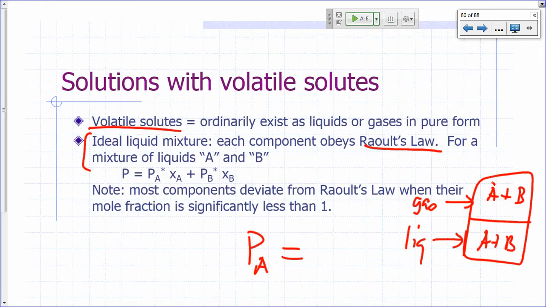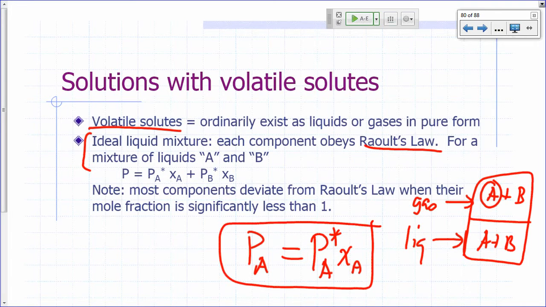So the partial pressure of A in the gas would be equal to its partial pressure if it were pure multiplied by its mole fraction in the liquid phase. So this is Raoult's law, remember?